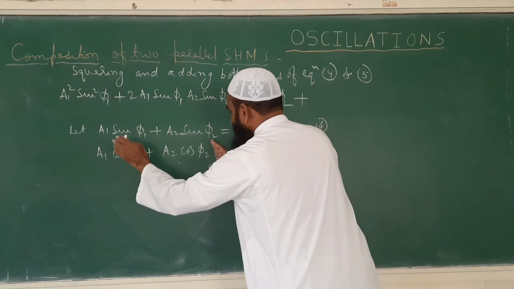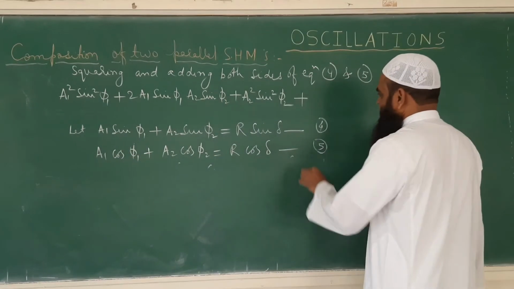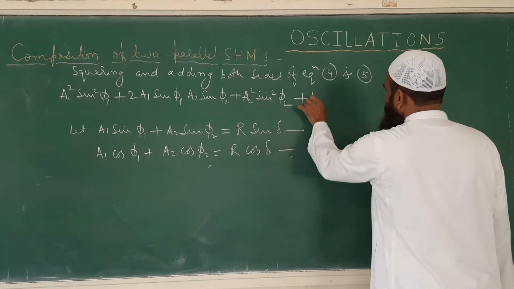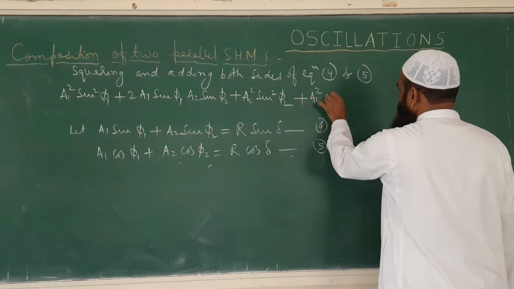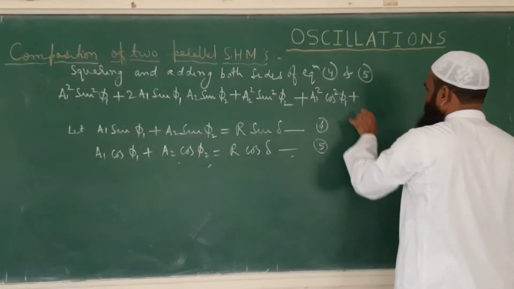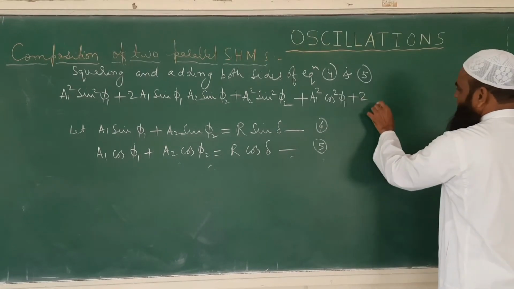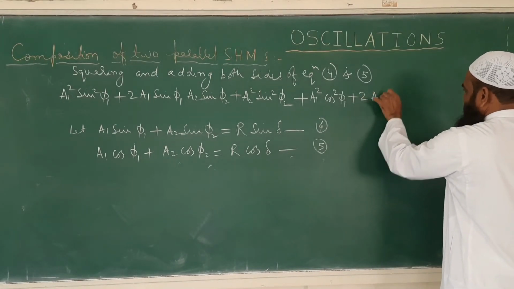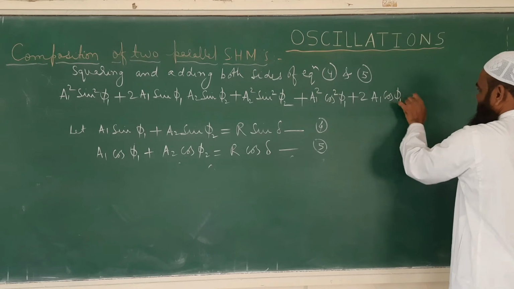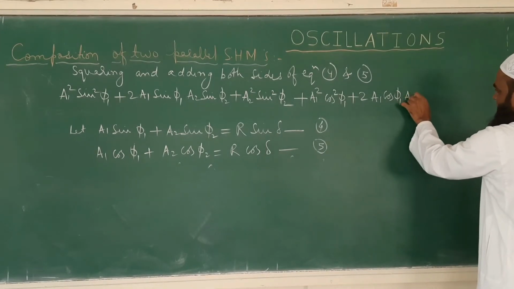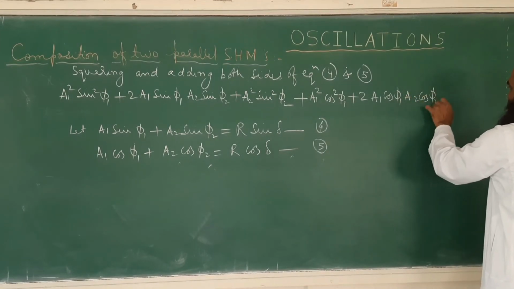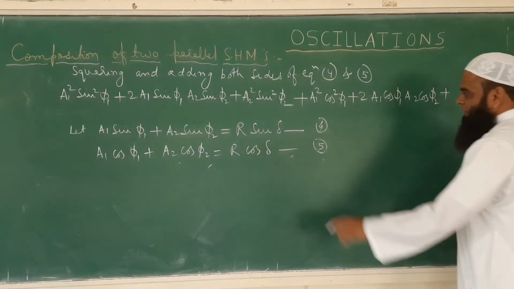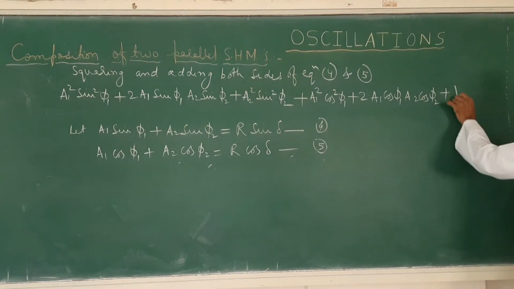the square of the left hand side of equation 5. So here also we will get a1 square cos square phi 1 plus 2 a1 cos phi 1 a2 cos phi 2 plus a2 square cos square phi 2.